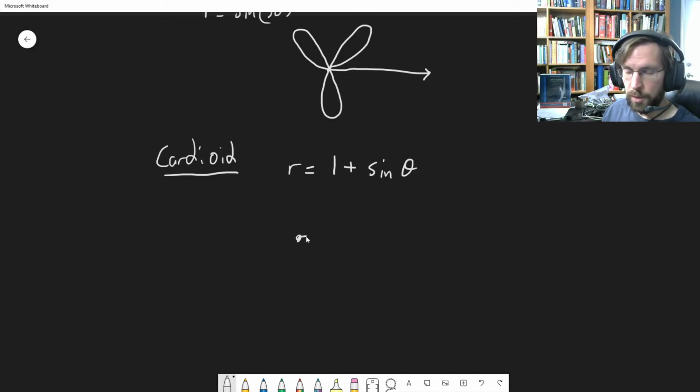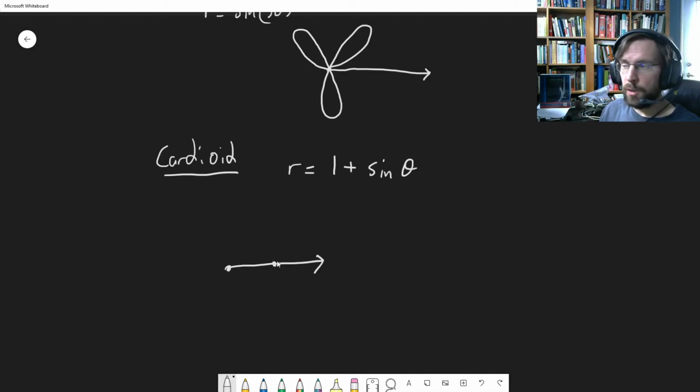Okay, so again, let me draw this down here. Okay, so we start when theta equals 0 at 1. So we should be distance 1 away. And then as theta increases, our r value should be increasing as well until we get to pi over 2.